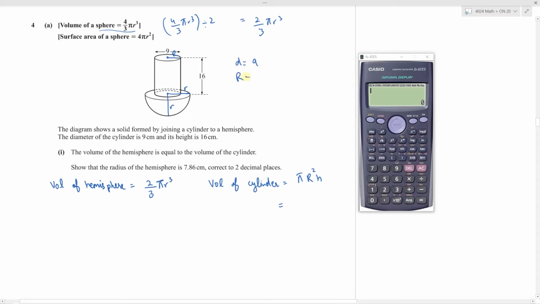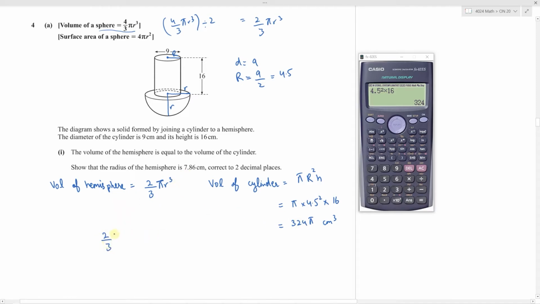So your radius will be half, 9 divided by 2, which is 4.5. So pi into 4.5 square into the height of the cylinder, which is 16. So 4.5 square multiplied by 16 is 324 pi centimeter cube.